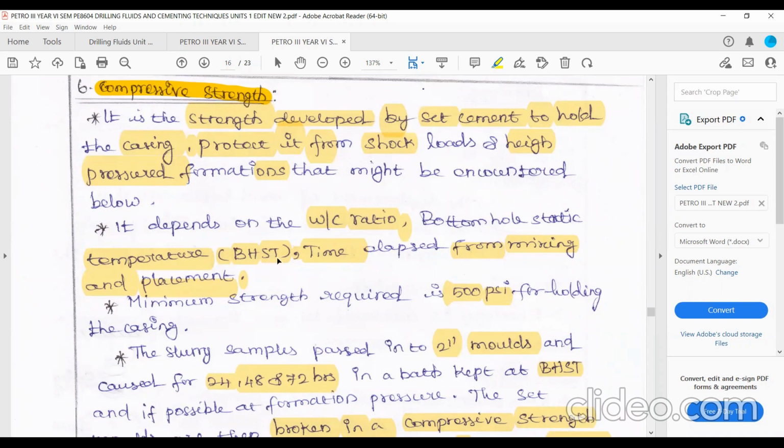Let me correct it. It's not time, it is temperature. BHST, bottom hole static temperature. We are familiar with the word BHP, bottom hole pressure, which is static, dynamic, and kick BHP also. We'll be covering that as and when it is required. BHST, as of now, stands for bottom hole static temperature, and the time from mixing and pushing and letting it settle at one specific location.